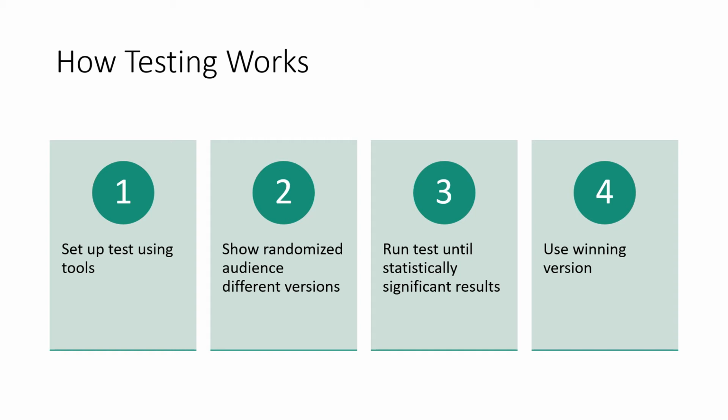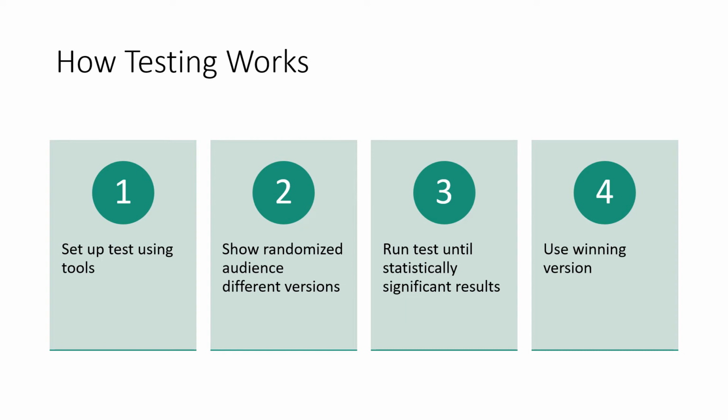So it's going to actually use sophisticated modeling to determine how many people need to respond one way or another and how many people need to see the test and the alternative, often called the control version of that piece of marketing creative, before you can be sure that it's not just random chance, but a sufficient selection of the people coming to your website or looking at an ad have seen the creative to determine that this is actually a real measure of how people are responding and not just random chance.